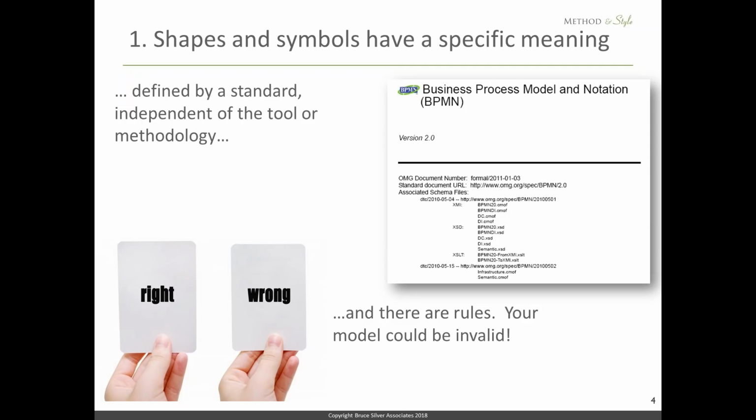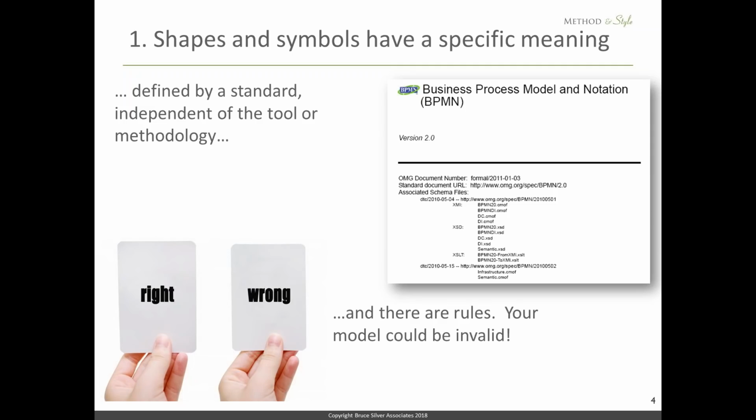That's flowcharting. It's vague. BPMN is not vague. The shapes, as modified by various icons and markers and symbols, have a very specific meaning, which is spelled out in a specification like you see here. And there are rules about what can connect to what and what those connections mean.